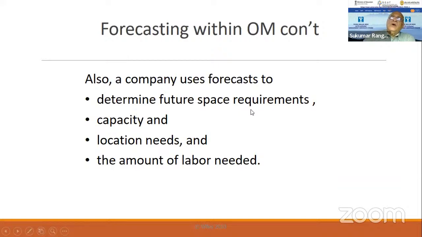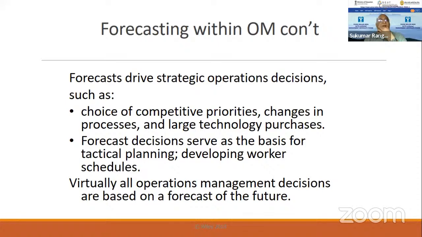Within operations management, a company uses forecasts to determine future requirements of space. As you said, maybe if your forecast increases, you may need more space, more different layouts, etc. The capacity, the location needs, and the amount of labor that is needed. We talked about all this.